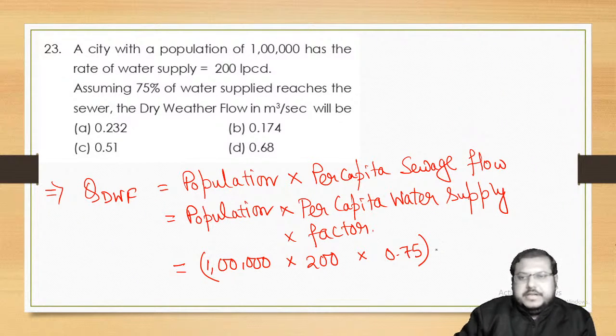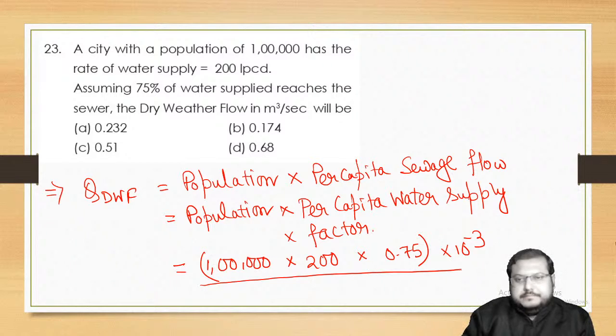So that will be in liter per day. So 10 to the power minus 3 meter cube by 24 into 3600.